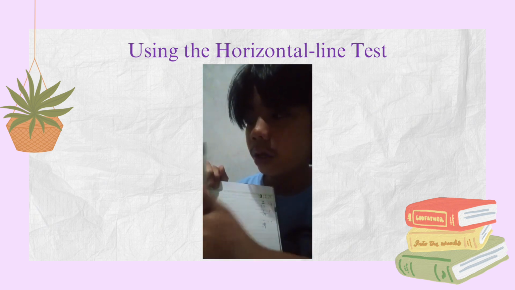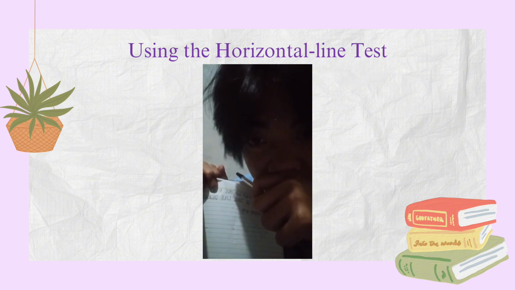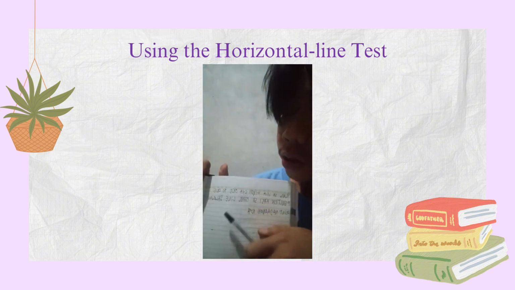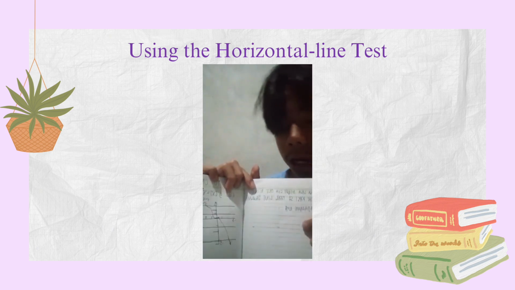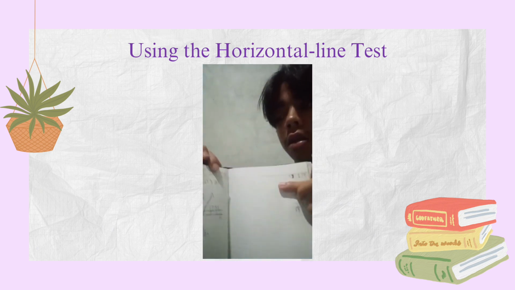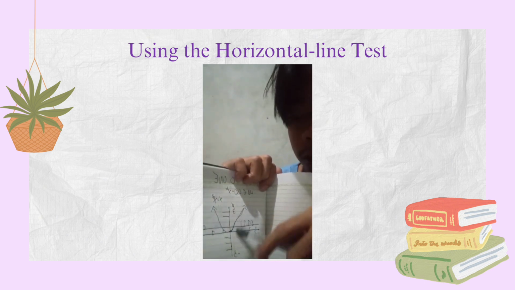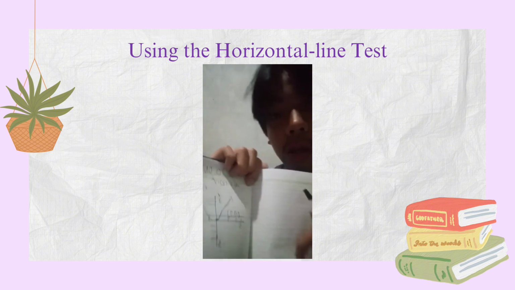So, ayun, dapat dadaan lang yung line ng isang beses kagaya nito. Ito one-to-one function. So, isang beses lang siyang dadaan sa line. Hindi kagaya nitong isa na not one-to-one na dumaan siya ng dalawang linya. Ito, dalawang linya.